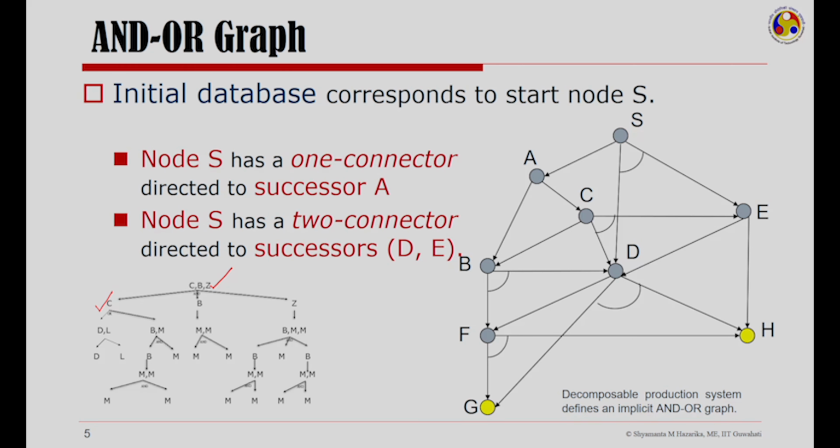One difference that you must have noticed by this time is that when we are talking of decomposable production systems, the AND and OR nodes are at alternate levels, whereas in the graphs that we have introduced today, both the AND arc and the OR arc are at the same node, but there is not much of a difference. We can move from one to the other.